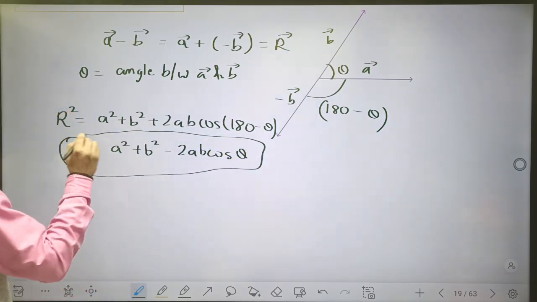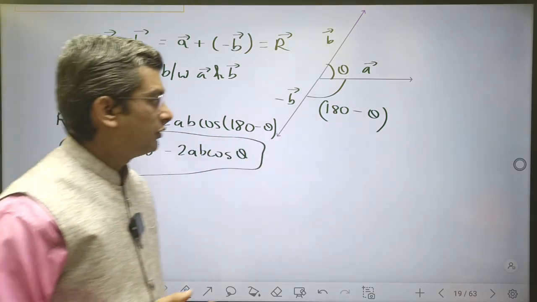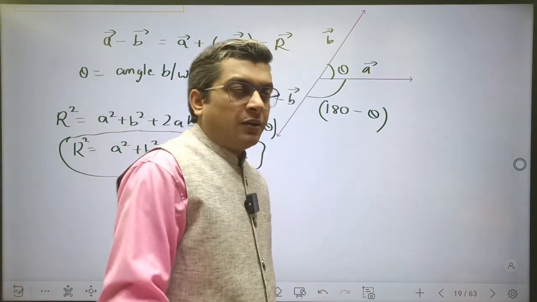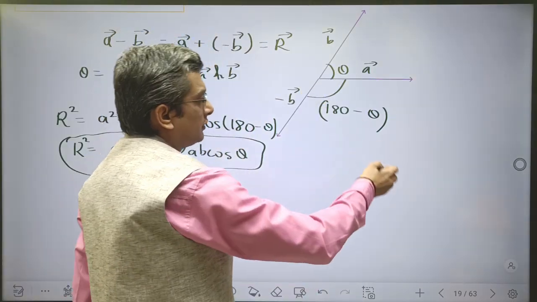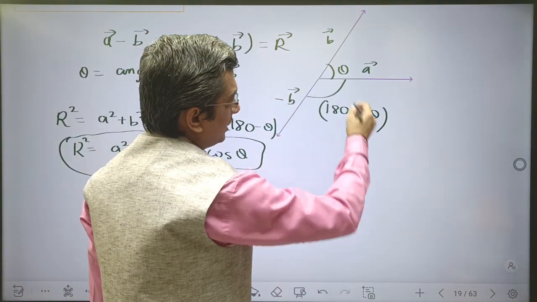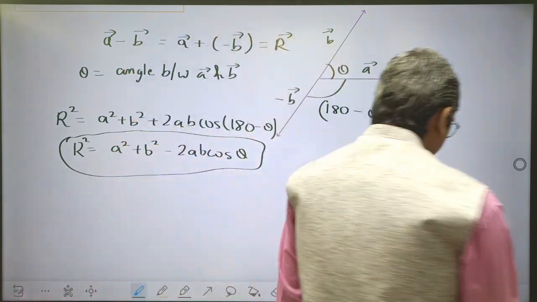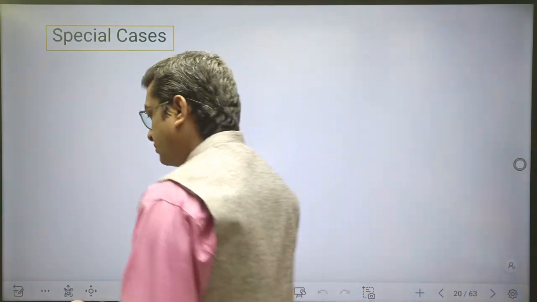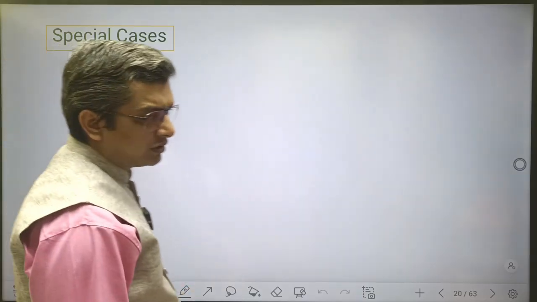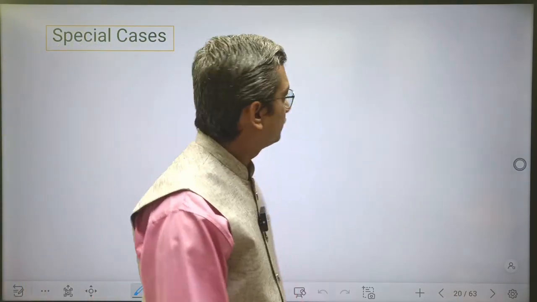You can take the square root to find the magnitude of R, and you can easily find the direction of the resultant vector by drawing this diagram, taking angle alpha and applying the same formula as we have used earlier, isn't it? So just keep patience. Within 2 to 3 minutes we are approaching the numericals and previous year questions.